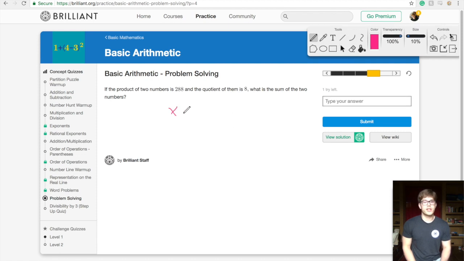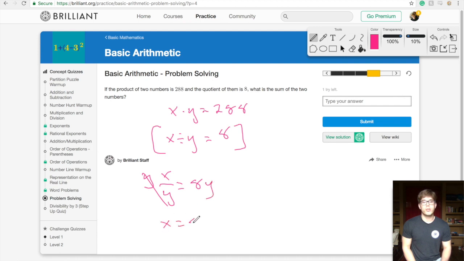The product, x times y equals 288. The quotient, x divided by y, equals 8. And so what does this mean? Well, again, we can take x over y equals 8, which means we multiply both sides by y, and we're left with x equals 8y.